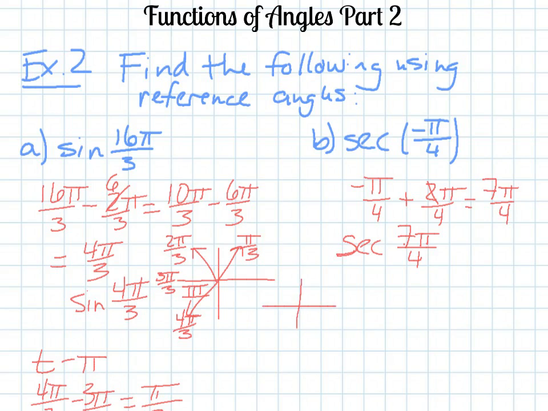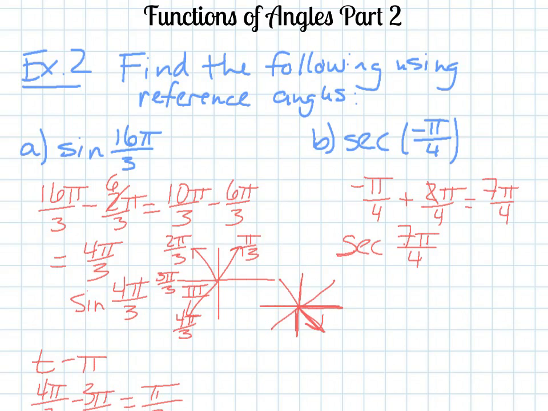That is in the fourth quadrant, because if I go around, I start with 0, I go 1 pi over 4, 2 pi over 4 is a half, 3 pi over 4, 4 pi over 4 is a pi, 5 pi over 4, 6 pi over 4 is the same thing as 3 pi over 2, and then 7 pi over 4. Because then the next one would be 8 pi over 4, which is 2 pi.